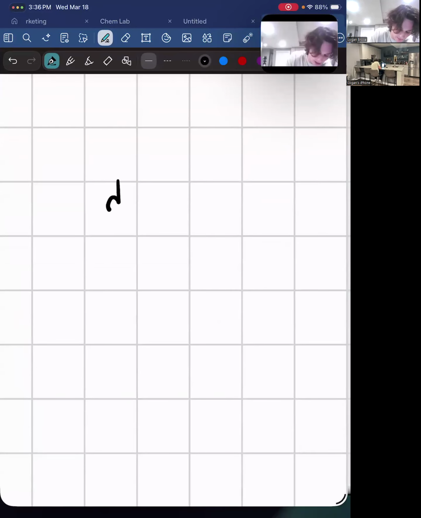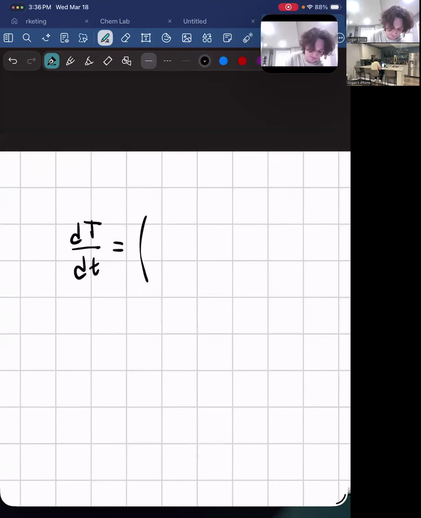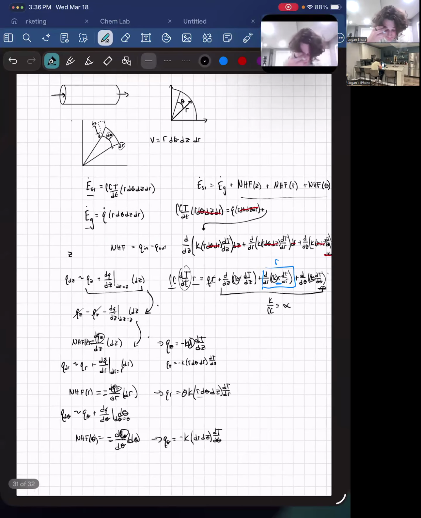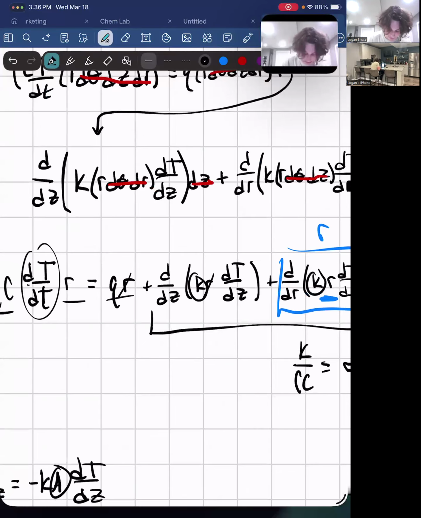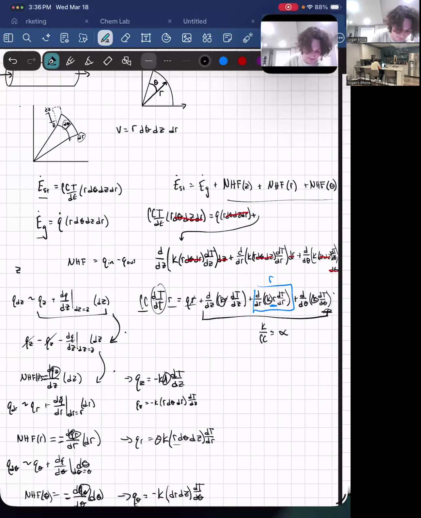We have our change in temperature over our change in time, that equals, when we go back, we'll have our thermal conductivity factored out.